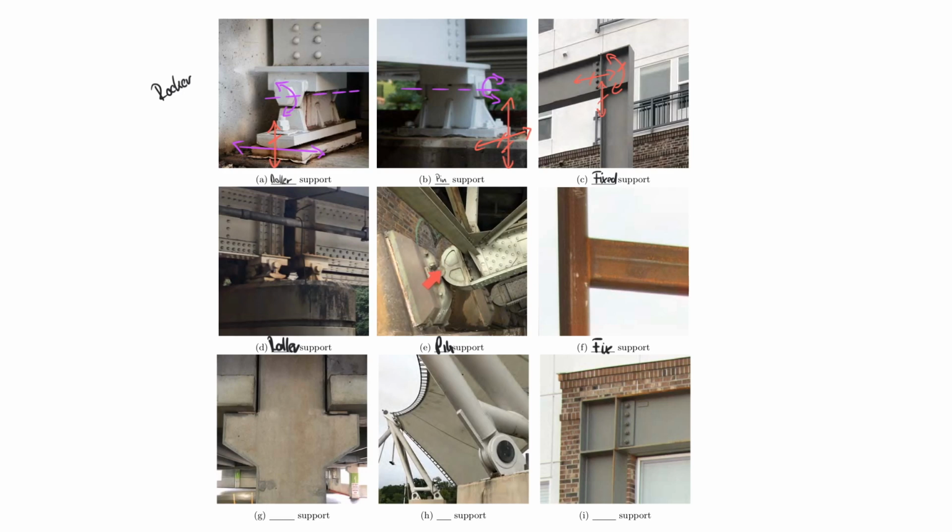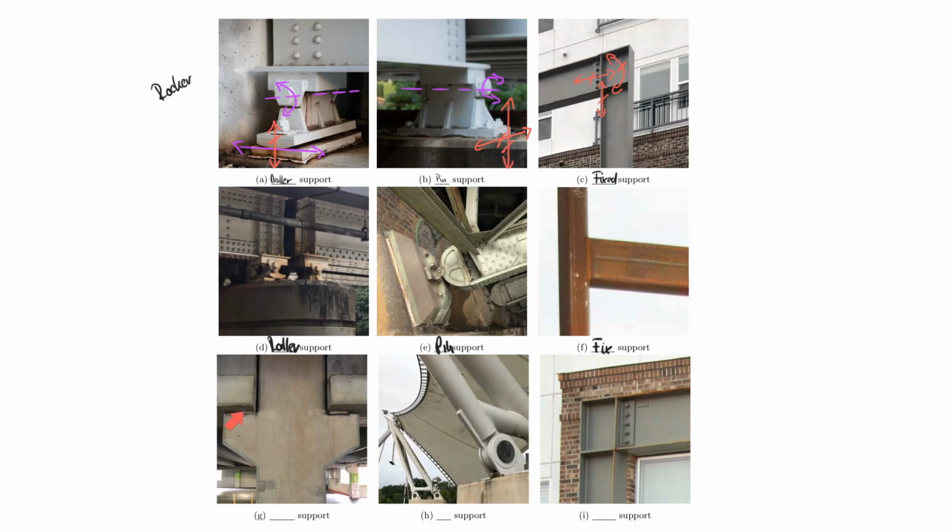So here you can see it's actually a 3D arrangement. This here is an arc of a bridge. And there's an abutment here where the pin is clearly to be seen here. This cannot move parallel to the surface. It cannot move vertically to the surface. It can only rotate about this axis, and therefore it's a pin. This picture you have seen before. This is a fixed support because this connects these two elements rigidly.